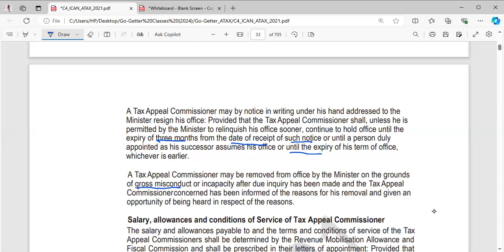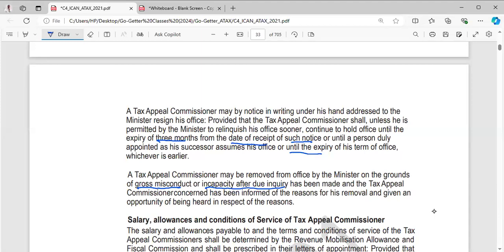You know, there are some people who want to ask you to do them a favor in return for something. That's gross misconduct. Or incapacity. You are not capable. After due inquiry has been made and they find out that you are not capable, you could be removed.